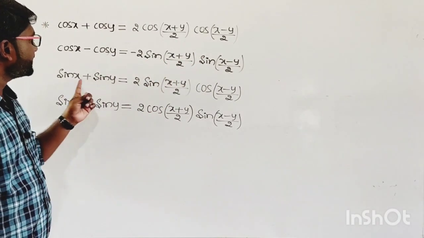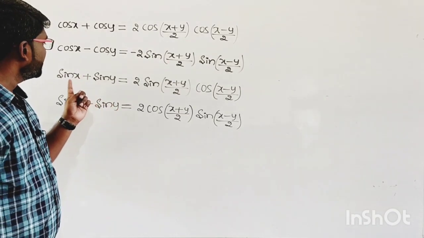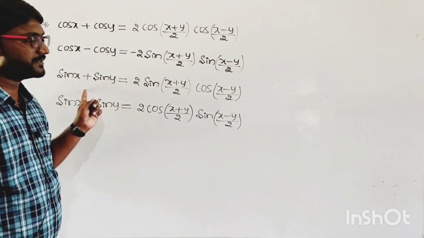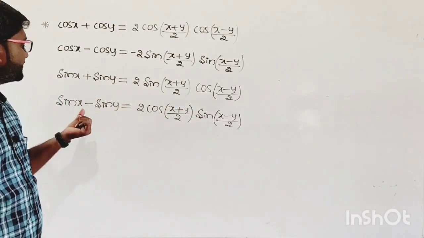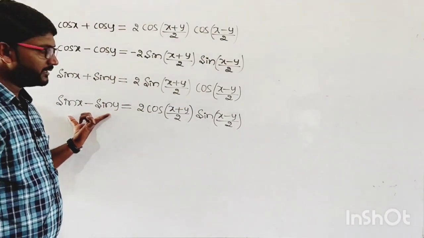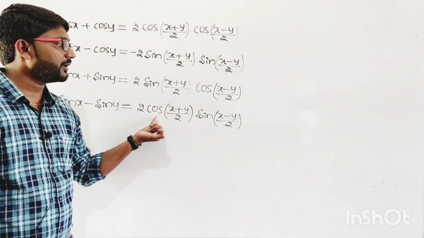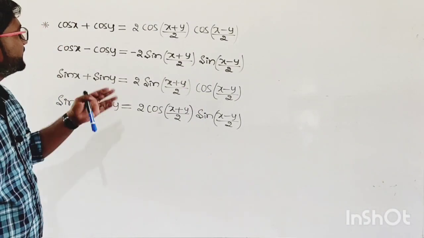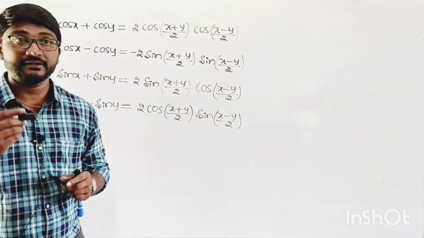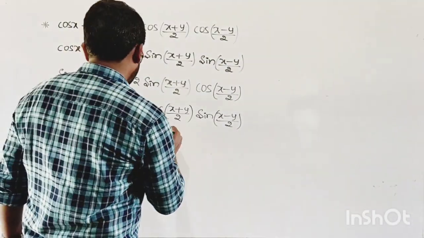Then sin x plus sin y: if both are sines and the sign is plus, we write sine first and then cos. In case it is both sines and minus, we start with cos and end with sine.